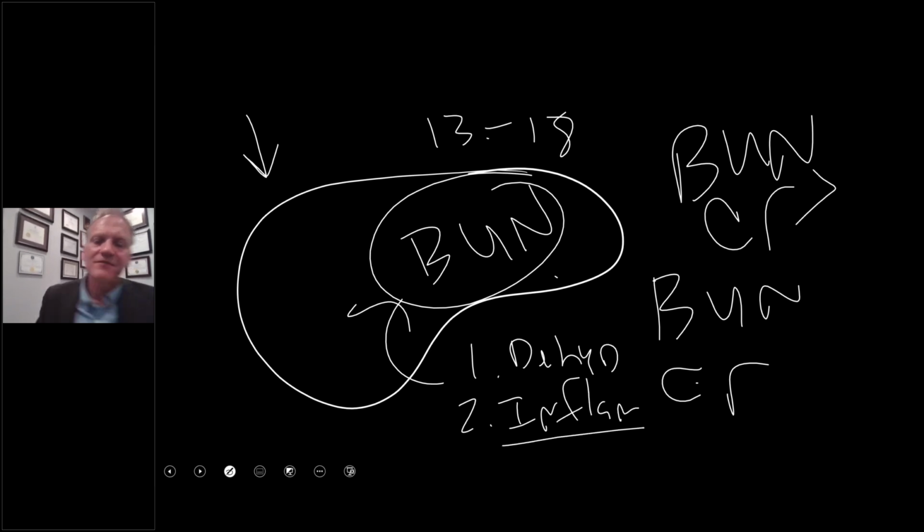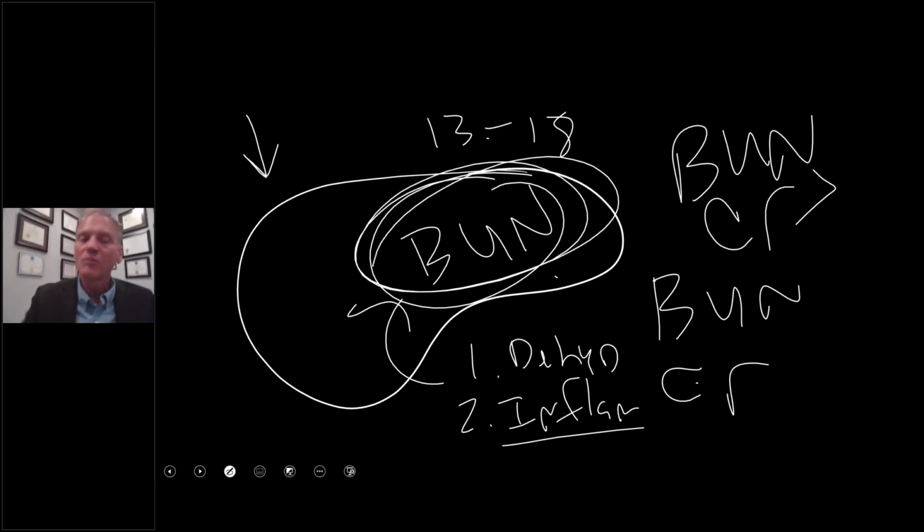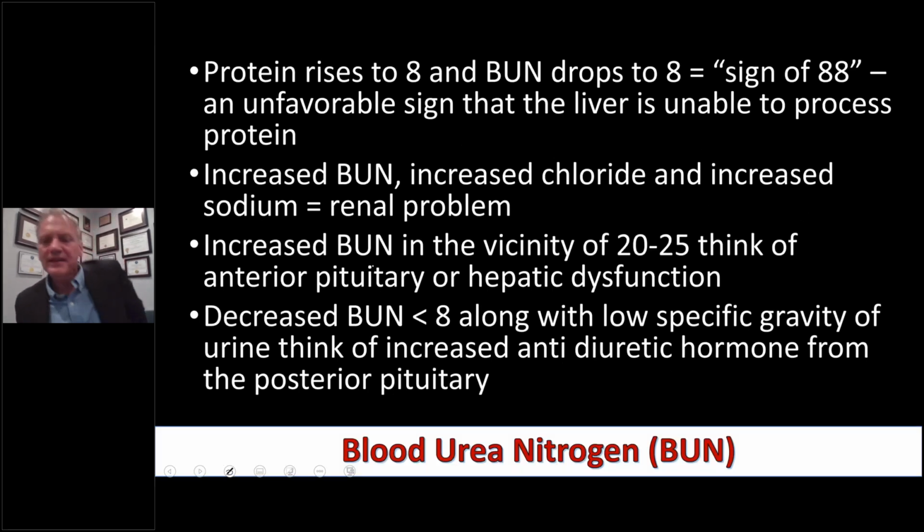Inflammation will drive the BUN up. Why is that? I want you to think about this. Because what carries inflammation is protein. Proteins carry inflammation. And if you have a bunch of protein flying around, guess what you're going to be making a lot of? You're going to be making more BUN. So that's going to be the process. So let's read through some of these.